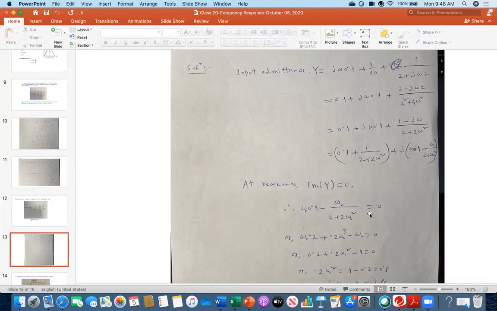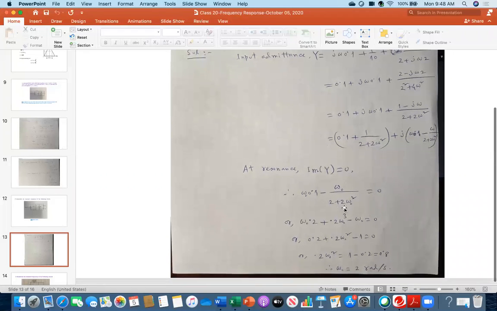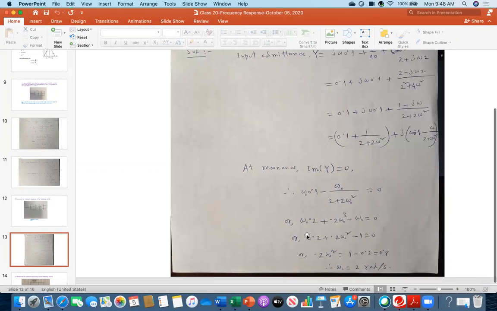So therefore this portion is 0, and then see the calculation. This will be multiplied, so this became omega naught 0.2. Then this one 0.2 omega naught cube, because there is omega naught square, it became power 3, then minus this one. And then in the next line I am dividing by omega naught. So this became 0.2 omega naught square, minus 1, equals 0.